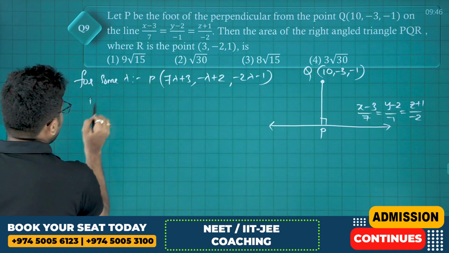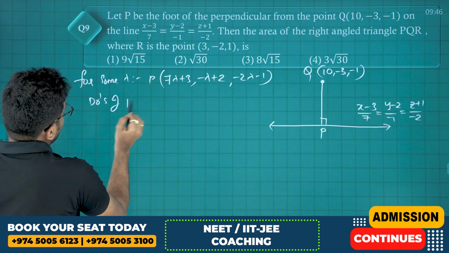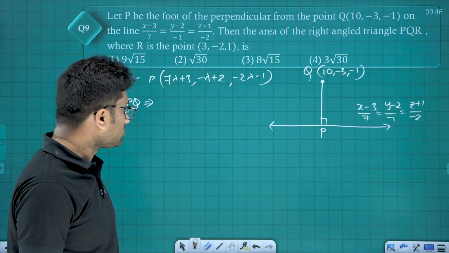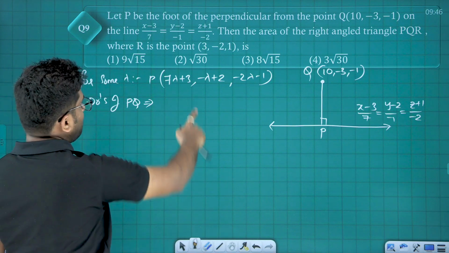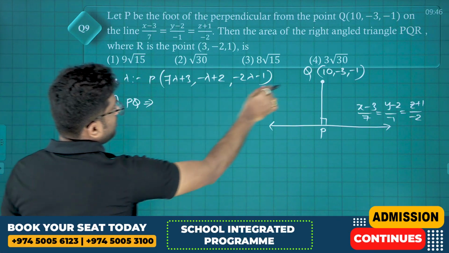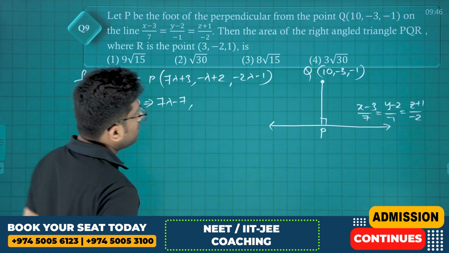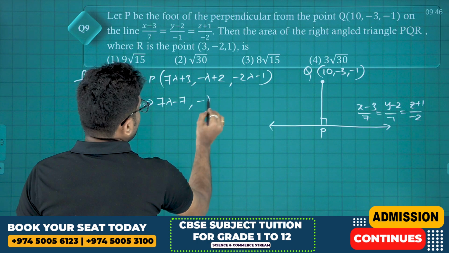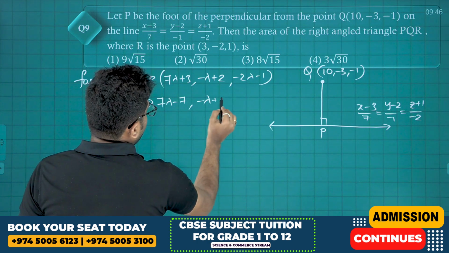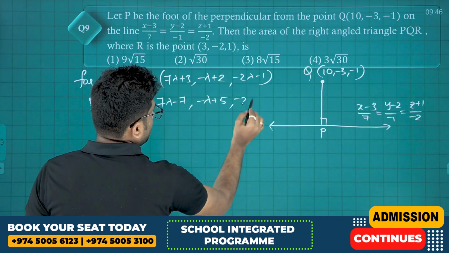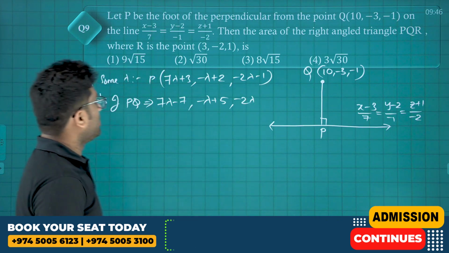Now the DRs of PQ will be 7 lambda plus 3 minus 10, which is 7 lambda minus 7, then minus lambda plus 2 plus 3, which is 5 minus lambda, and then minus 2 lambda. That's it, only minus 2 lambda.